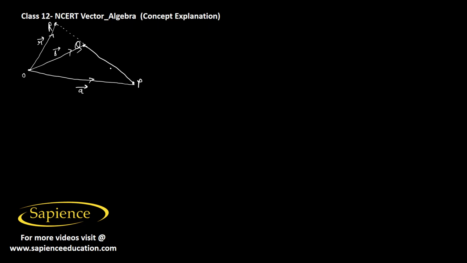So here also PR is to QR should be equal to m is to n. It means that this length is m, and QR, this length is n.